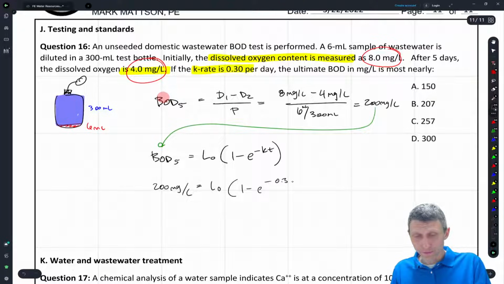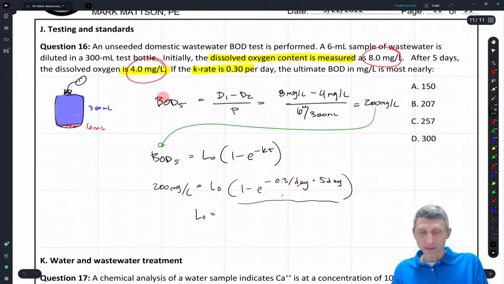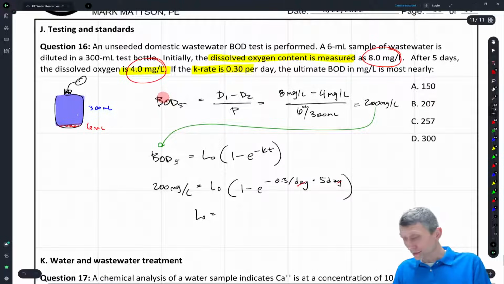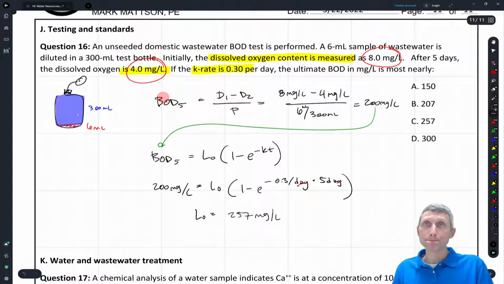We do 0.3 per day times our 5-day test. And the good news is our units work out here, and we end up coming up with L naught. You divide 100 by this mess, and what you get, I believe, is about 257 milligrams per liter. Okay, so that's the total ultimate BOD that eventually gets solved for.